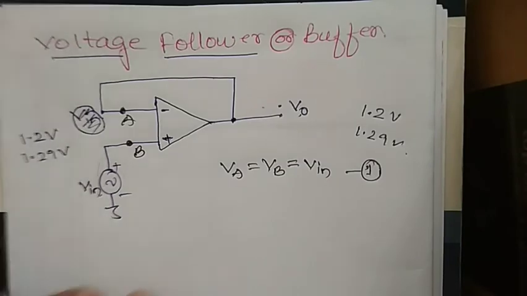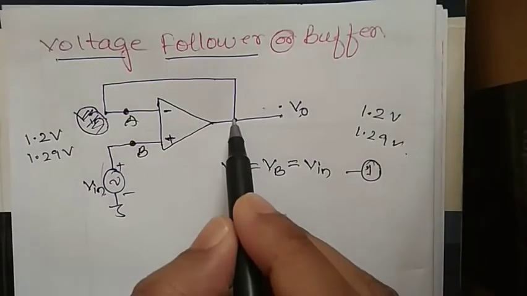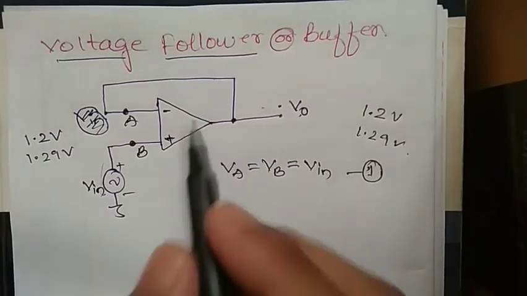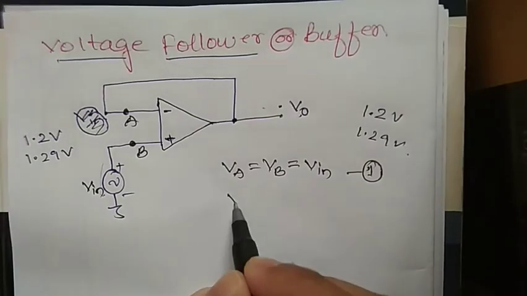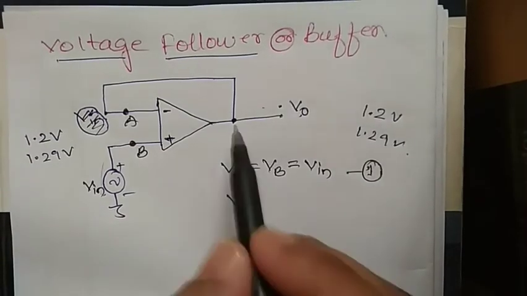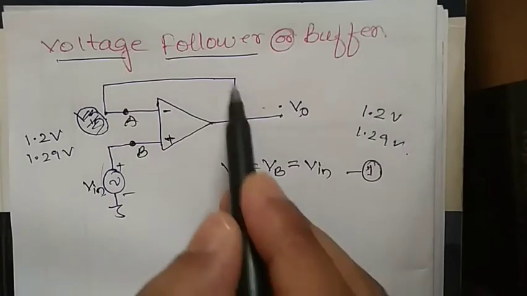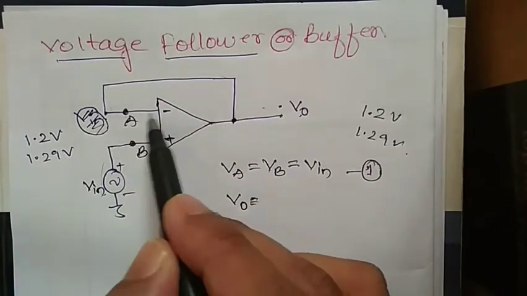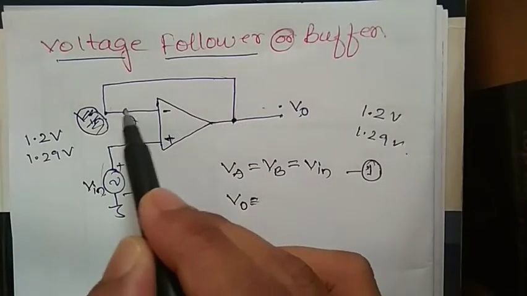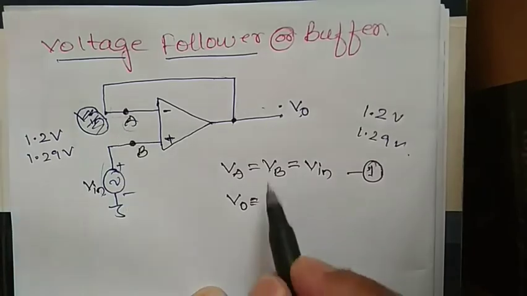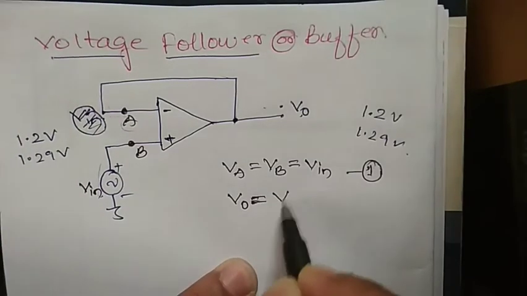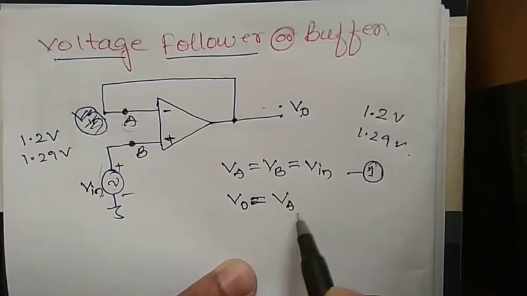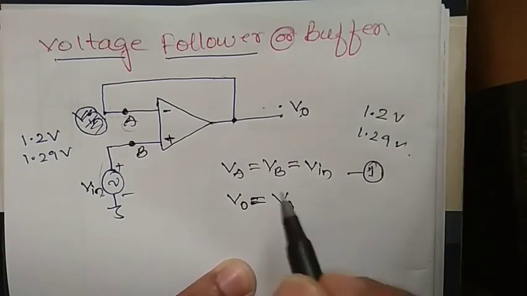Now you can see your output. So how are we going to define the output voltage? Your output is directly connected from the inverting terminal, and the inverting terminal is considered as node A. So your output voltage equals VA.